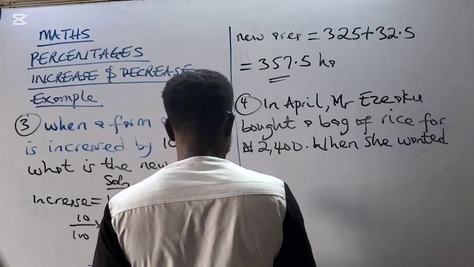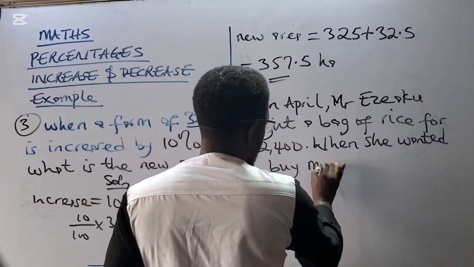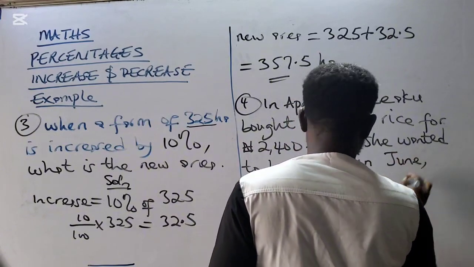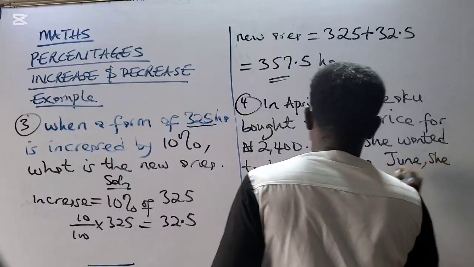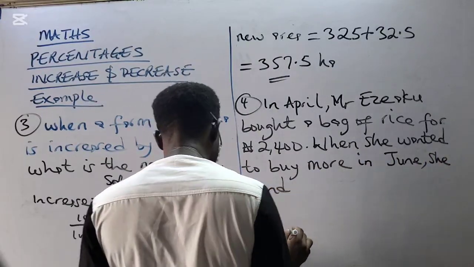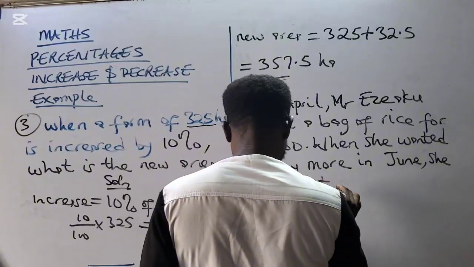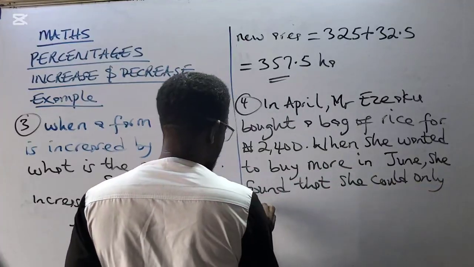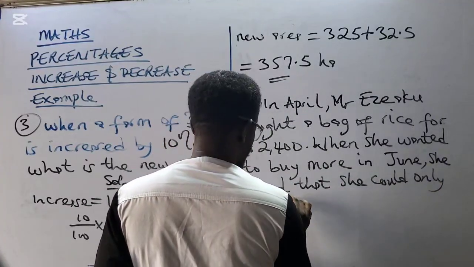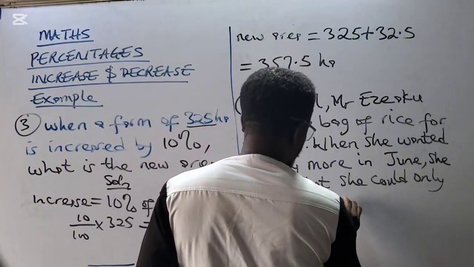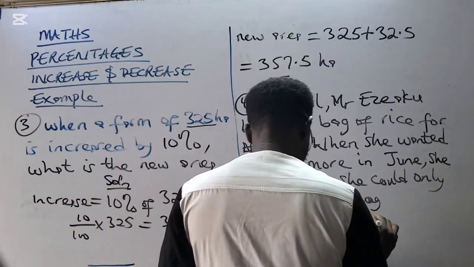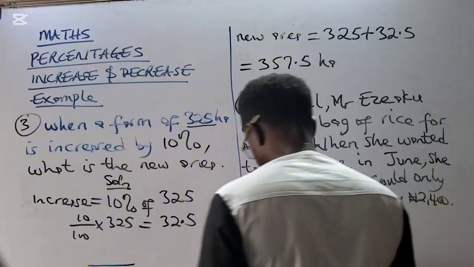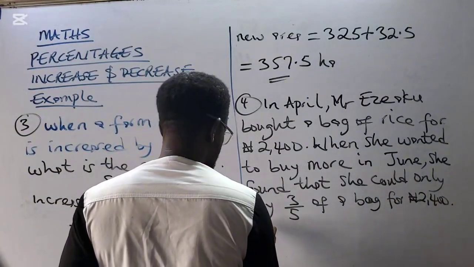When she wanted to buy more in June, she found that she could only buy 3/5 of a bag for 2,400.